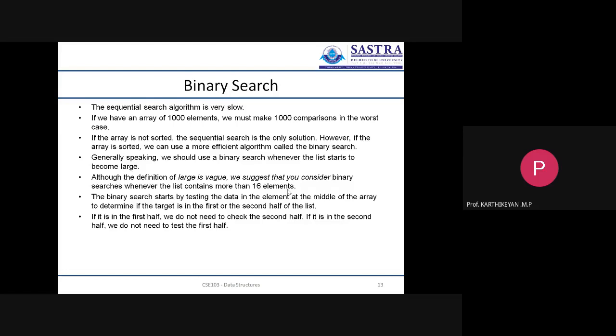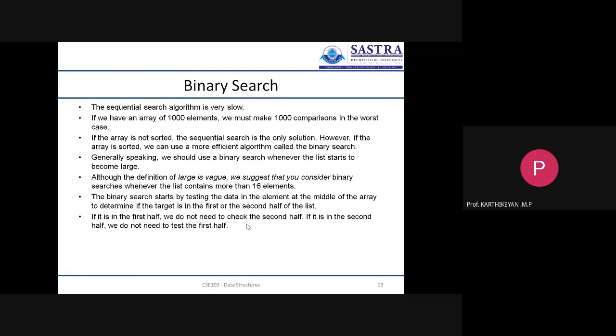The binary search starts by testing the data in the element at the middle of the array to determine if the target is in the first or second half of the list. If it is in the first half, we need not check the second half, and if it is in the second half, we need not check the first half.